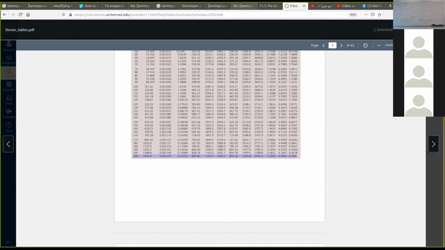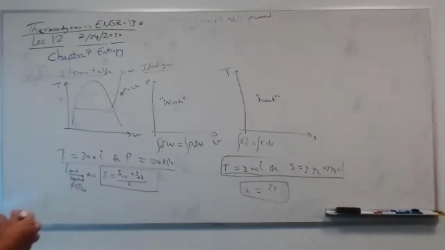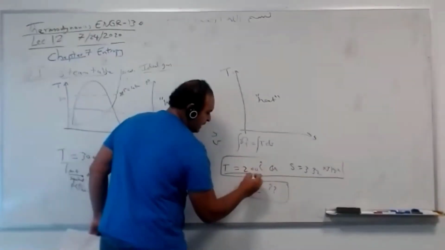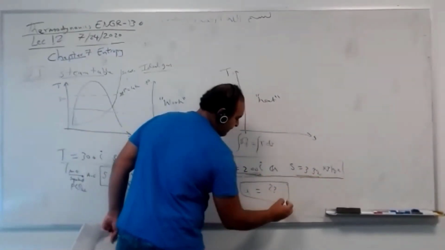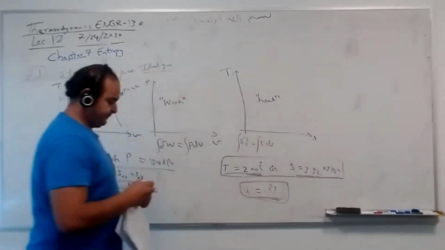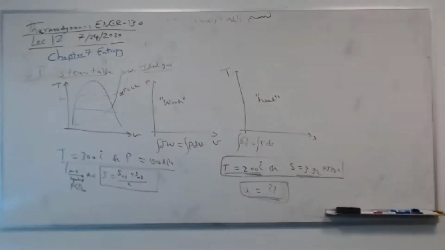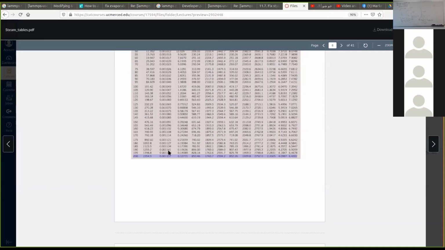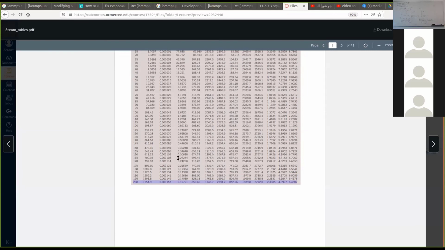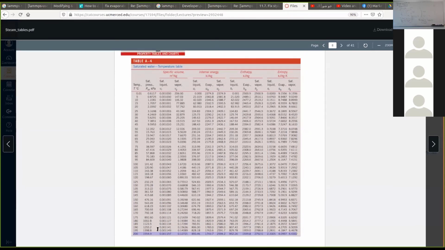Find the U, internal energy. Temperature is 200, so we go to the last row, which is temperature 200.